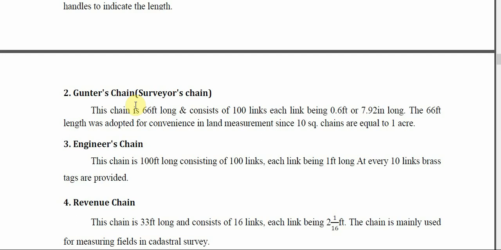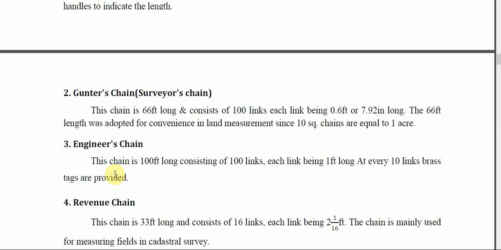So 10 square chains is equal to 1 acre. Using this type of measurement, the chain was made 66 feet long. That is why the length of the chain is 66 feet, because 10 square chains is equal to 1 acre.